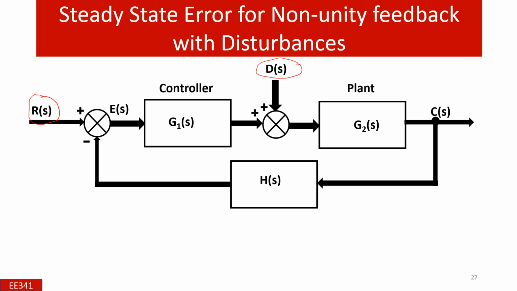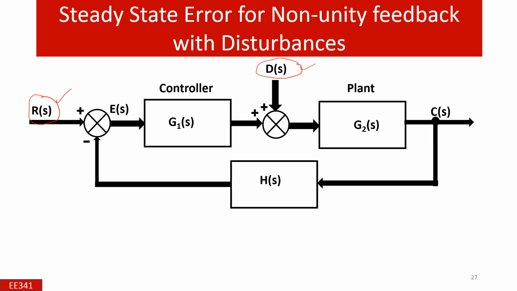If the system is LTI, then we can apply the property of superposition. We switch off one input at a time and solve the whole relation, and similarly switch on R(s) and switch off D(s).